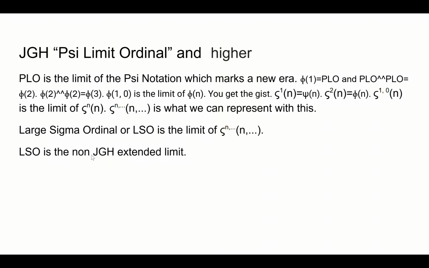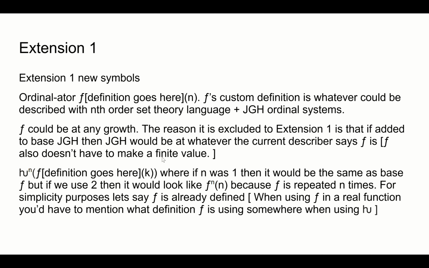LSO is the non-JGH extended limit. Extension 1: new symbols, ordinal later. F definition goes here, and F's custom definition is whatever could be described with nth order set theory language plus JGH ordinal systems.